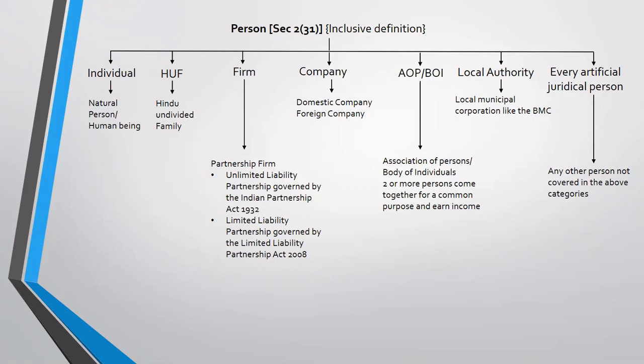As we all know, there are huge donations and money in cash and kind received by religious institutions. So, as the temple or religious institution is not defined under any of the other categories, it would be included under the category of artificial juridical person.